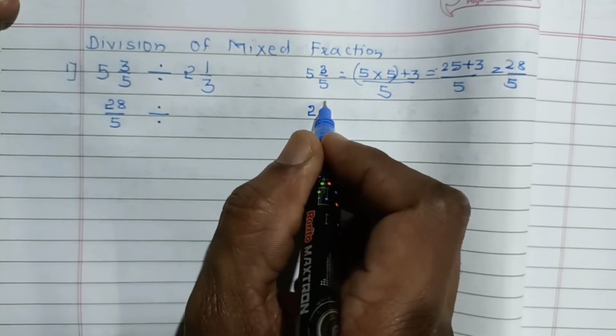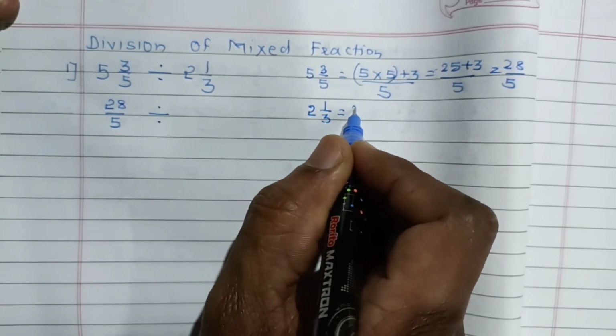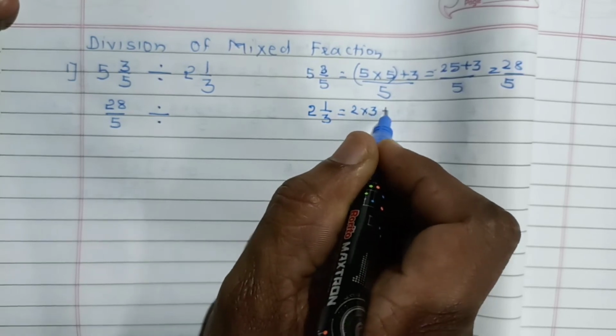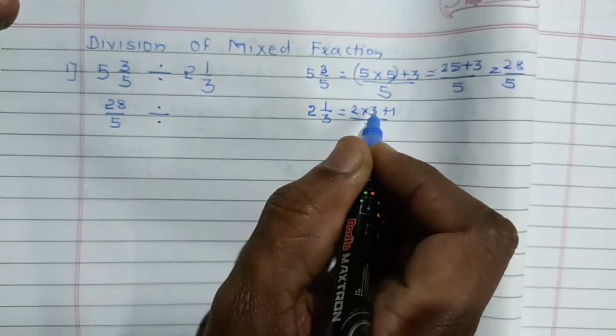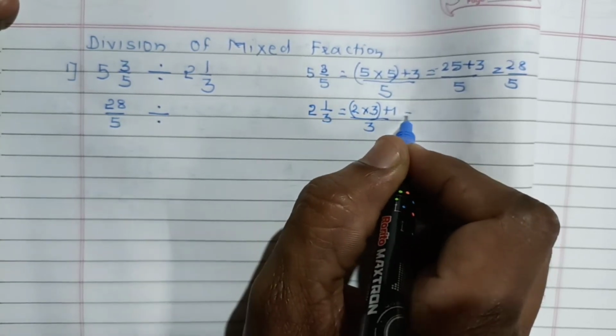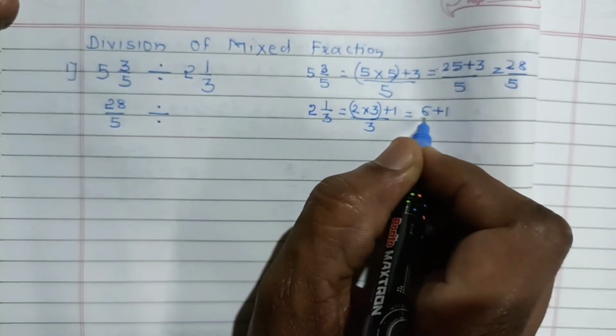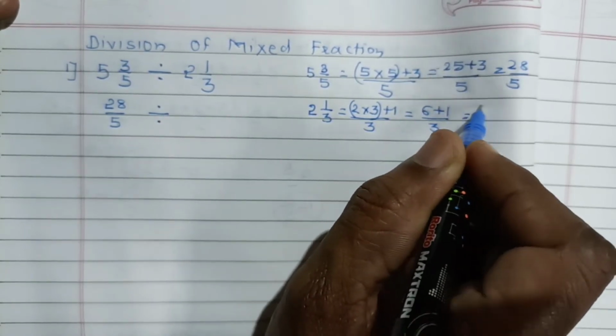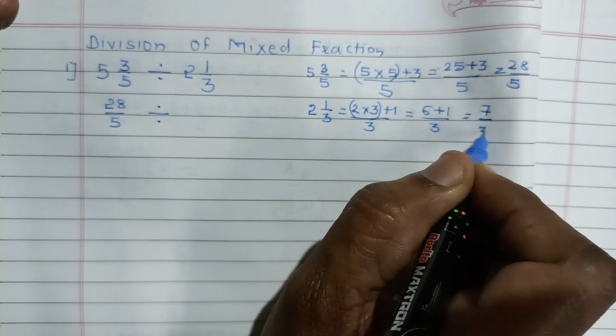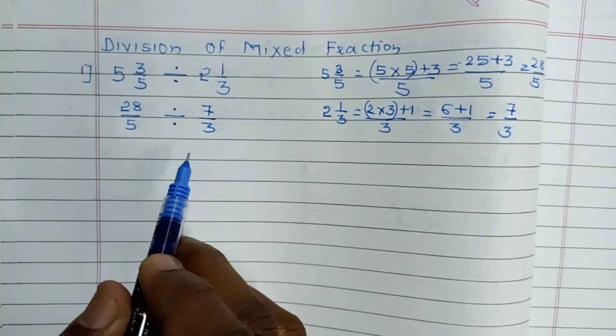Now you have to do the conversion. 2 and 1 upon 3 is equal to (2 × 3 + 1) divided by 3. So 2 into 3 is how much? 6, plus 1 divided by 3. 6 plus 1 is how much? 7 divided by 3. Right here, 7 upon 3.